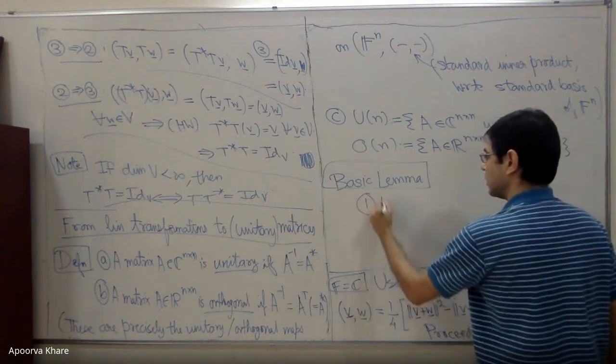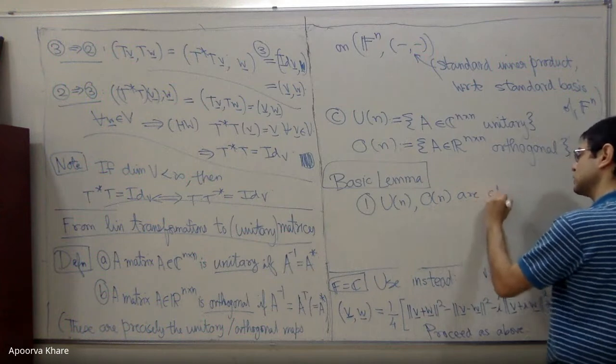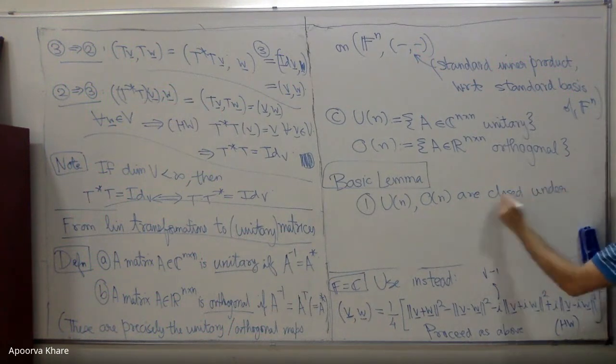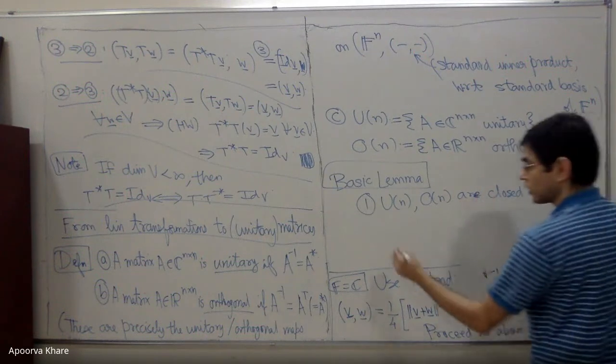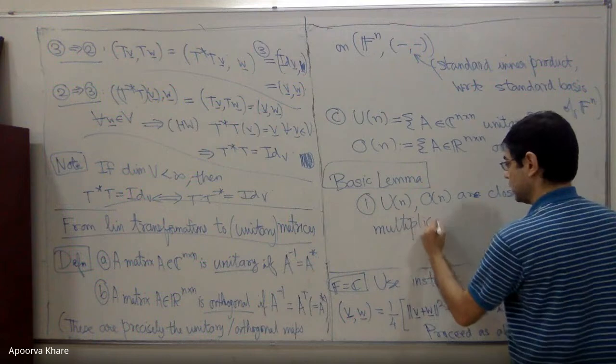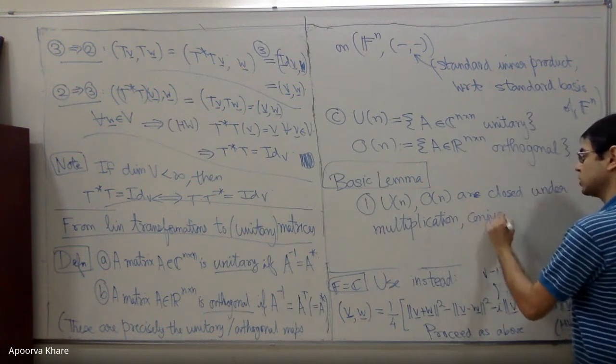Okay, so now the basic lemma. Property 1: U of n and O of n are closed under multiplication and transpose, and also under conjugate.